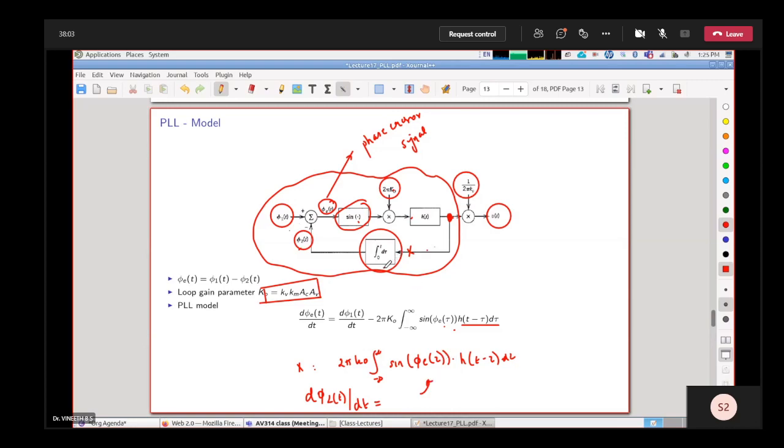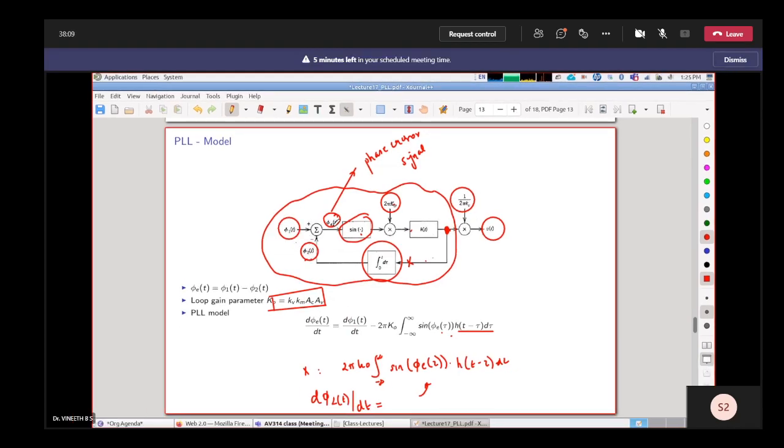Yes, sir. Okay, and we know that phi e of t is phi 1 of t minus phi 2 of t, and the derivative of this is the derivative of phi 1 of t minus the derivative of phi 2 of t, which is what we have found here.